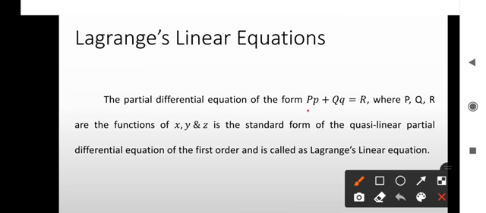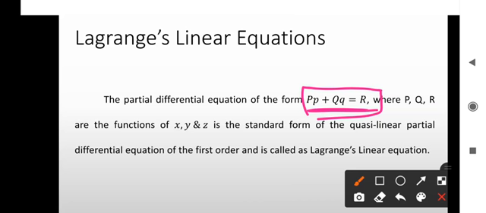So here you may observe that small p and small q are used, means the first order partial derivatives are only involved, and hence this equation is no doubt linear partial differential equation of first order.